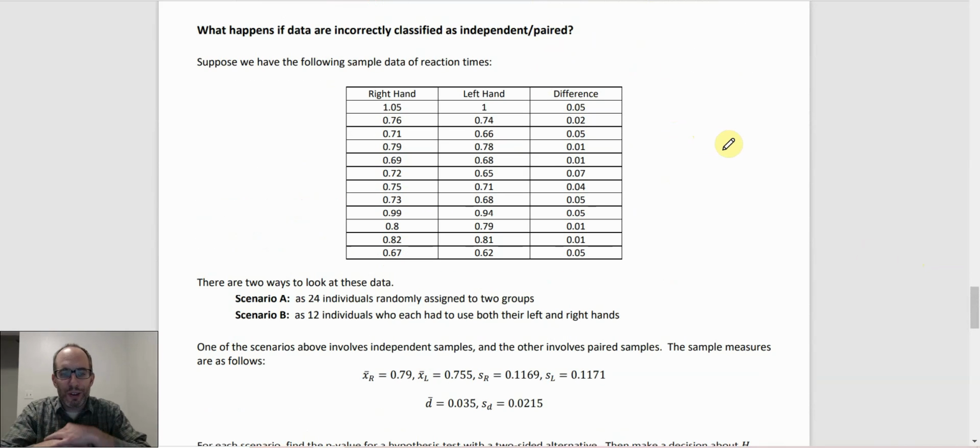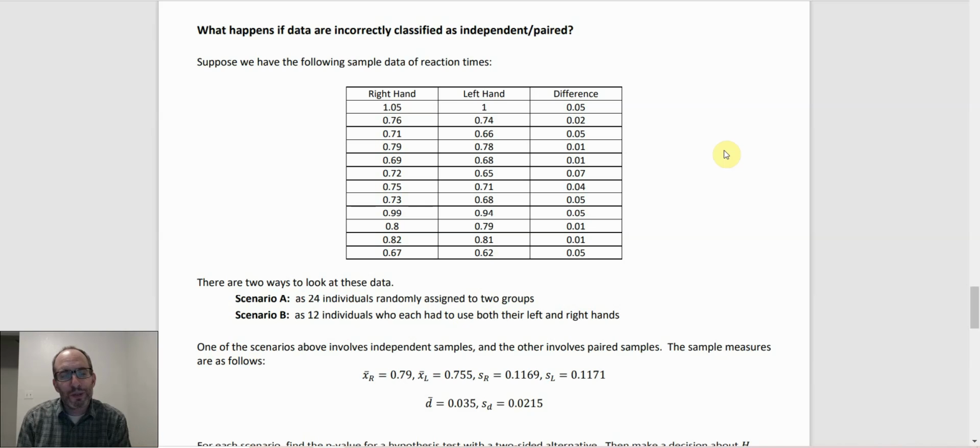If you think of each row as being a different individual. So like where it says scenario A and scenario B, down where it's written in bold. If you think of scenario B where it's 12 people where each person used their right hand and their left hand, then that looks like paired data.